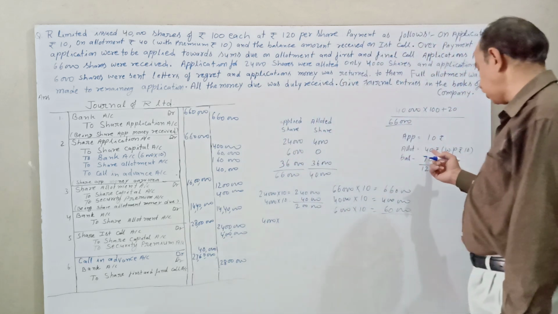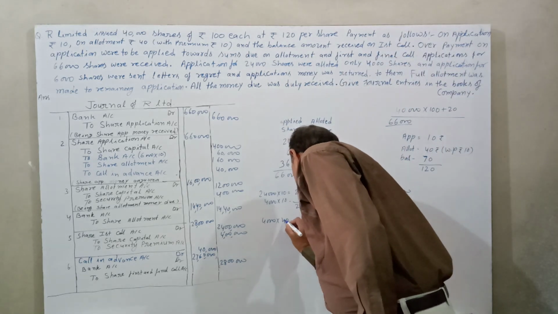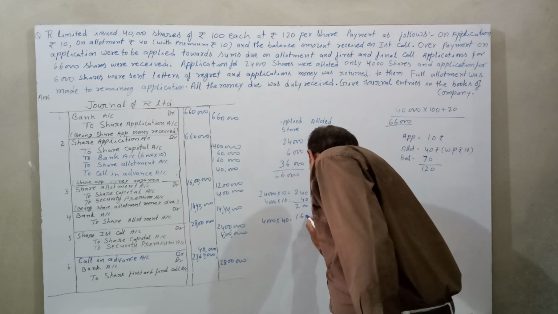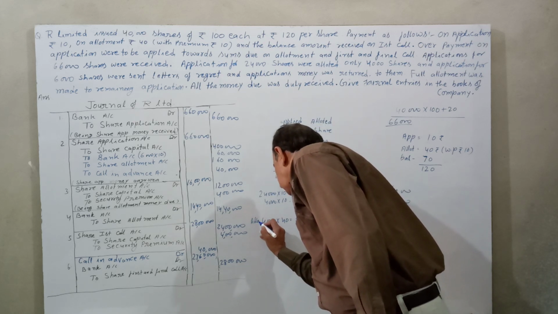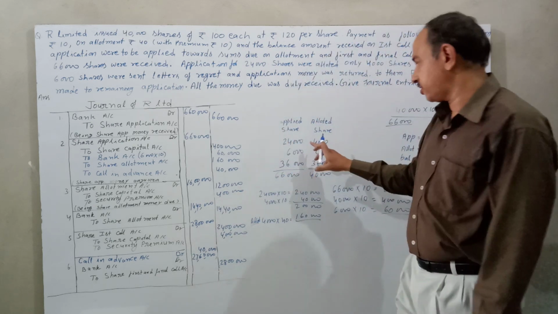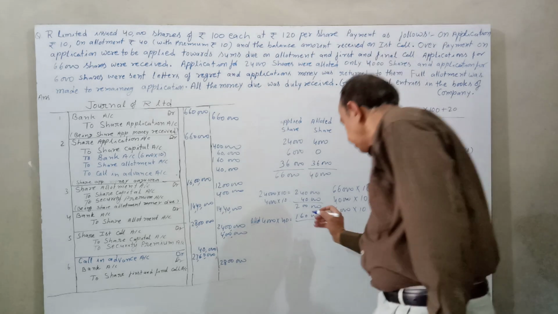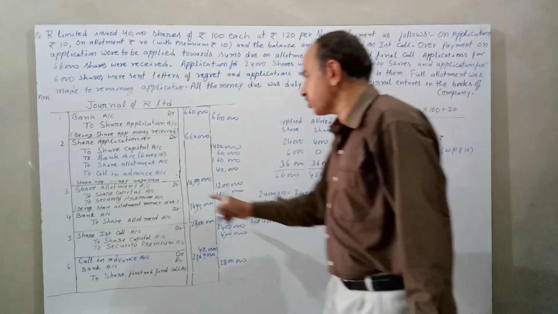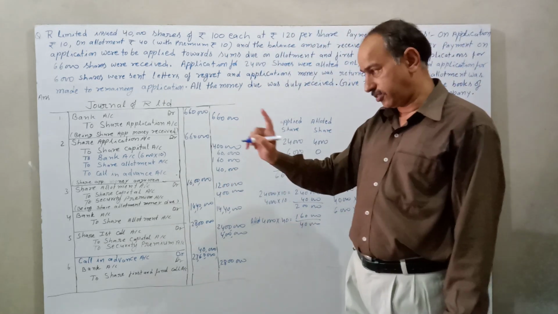The allotment amount is 40,000 out of 2 lakh. 1,60,000 is deposited on allotment of these shares. Then the remaining amount is 40,000. It is called calls in advance. 40,000 is calls in advance.